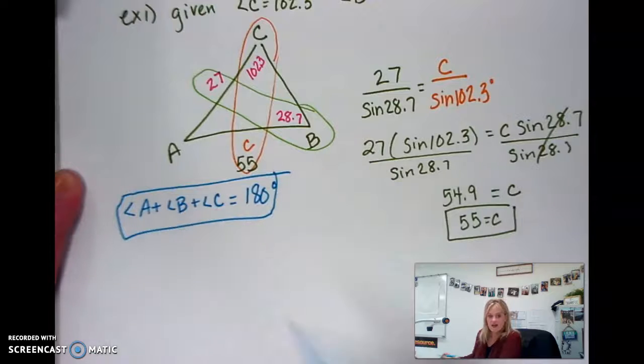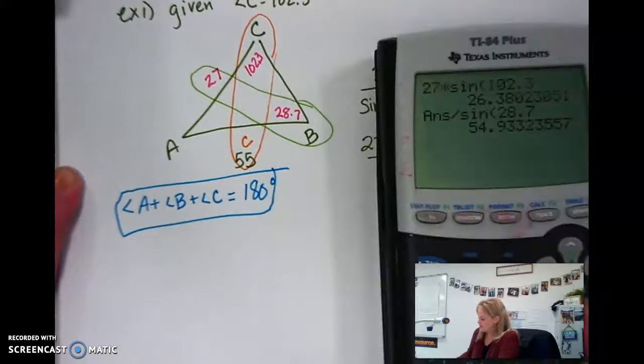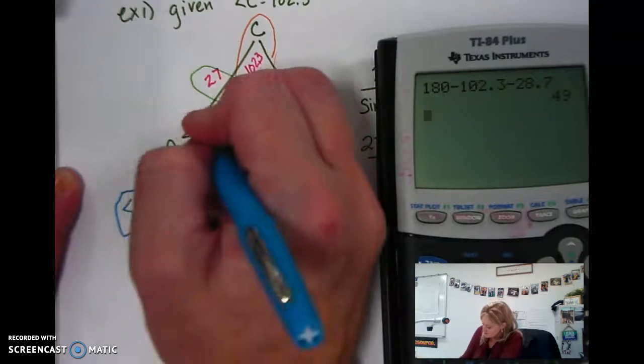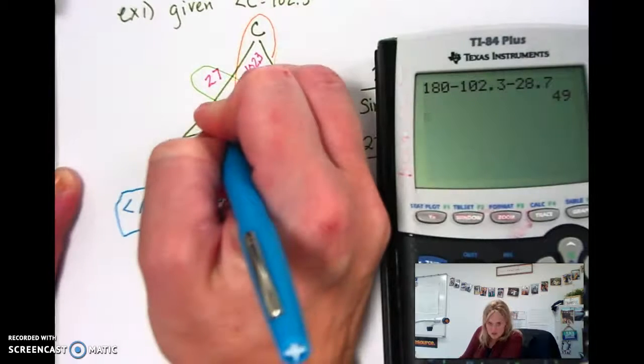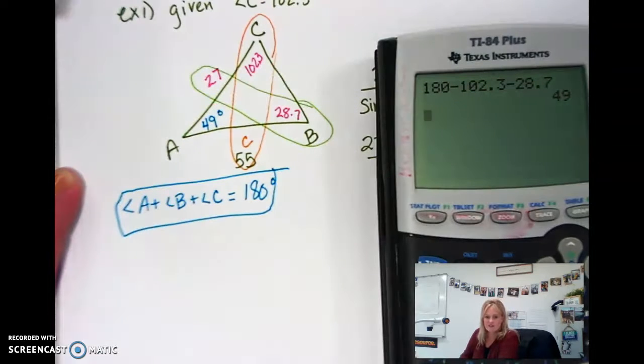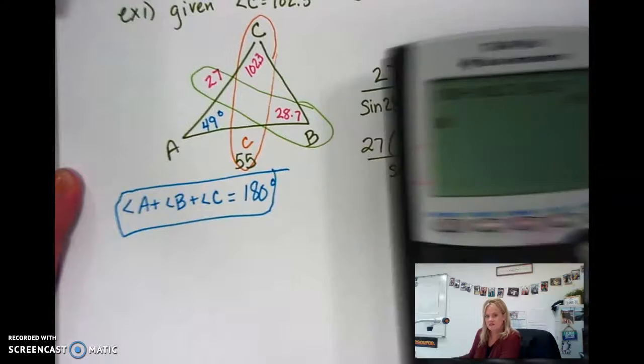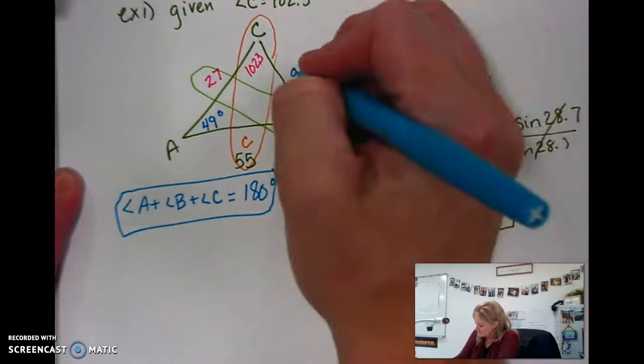So if I know that, I am able to take 180 and subtract the 102.3 and the 28.7 from it and see that this is 49 degrees. I didn't have to use trig. I could figure that out. Now that I have an angle, I can find the side. So now I'm going to find side A.